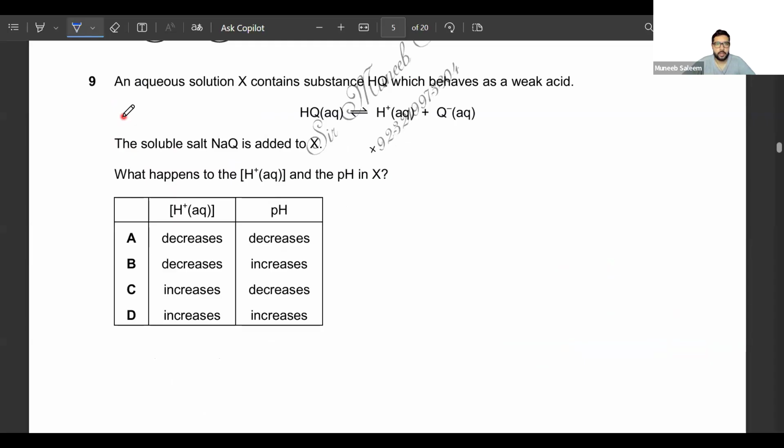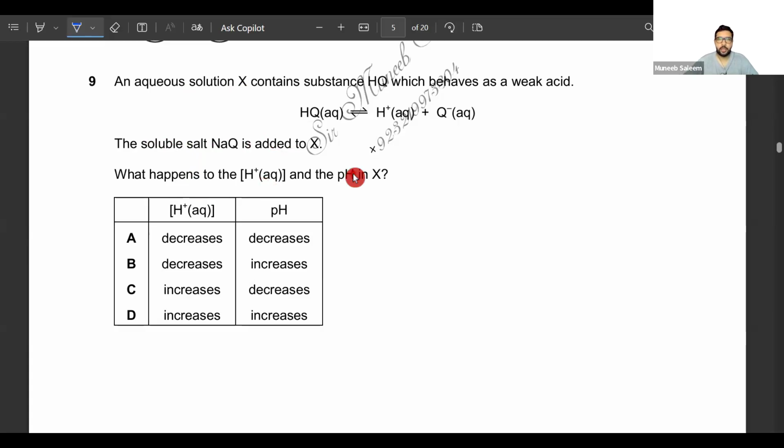Now, question number 9. An aqueous solution X contains substance HU which behaves as a weak acid. We have the equation, and then it says that when soluble salt NaQ is added to the solution X, what will be the changes in terms of hydrogen ions and in terms of pH?